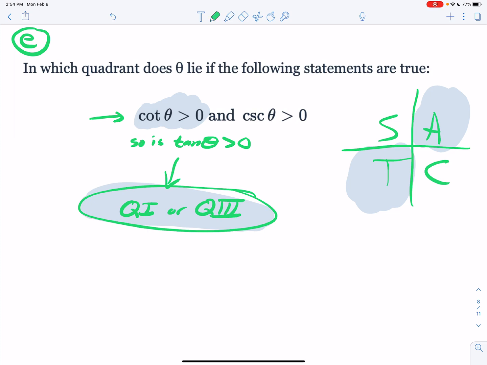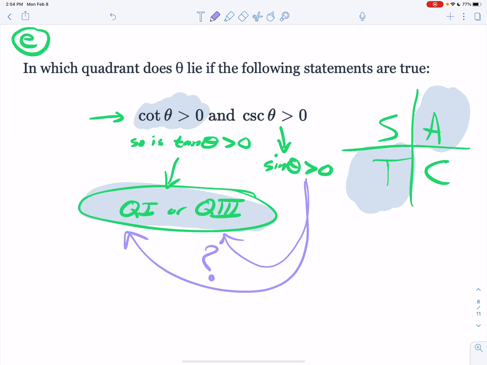And then we have this extra clue. Cosecant is positive. So think about what it's related to, okay? Cosecant, I know, is the reciprocal of sine. So I know that sine will also come out positive, okay? So out of quadrants 1 and 3, where is sine also positive, right?